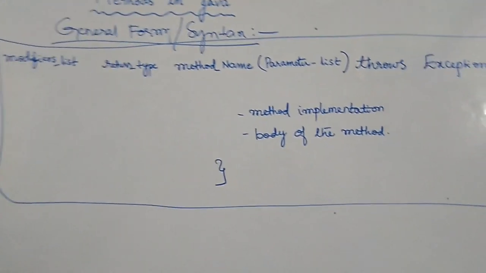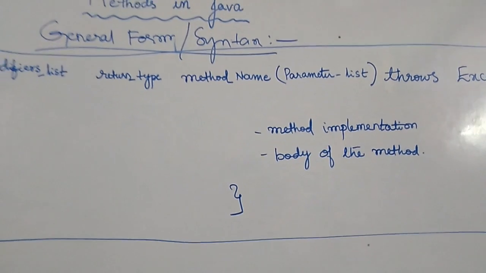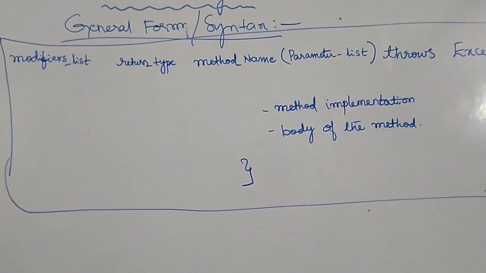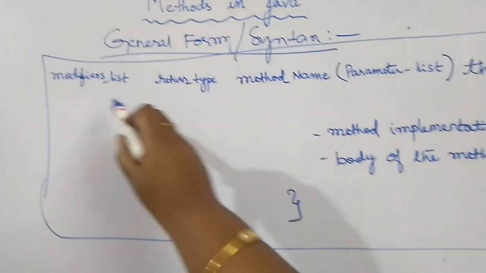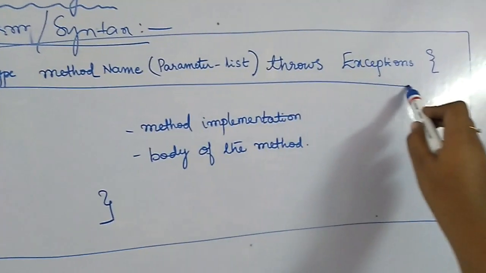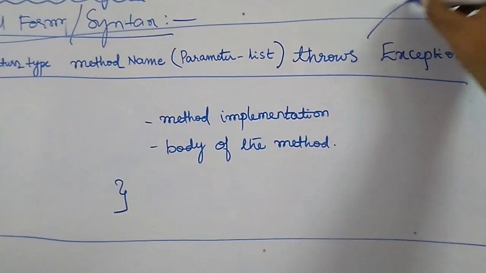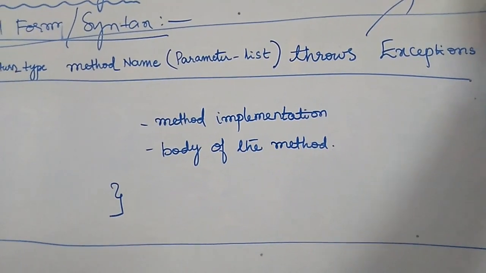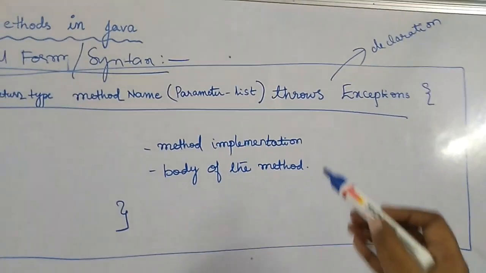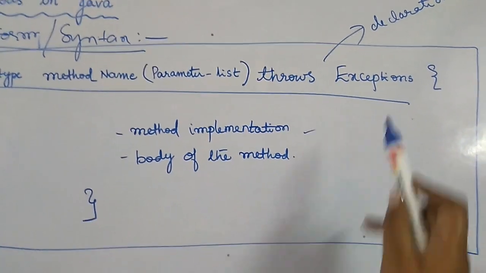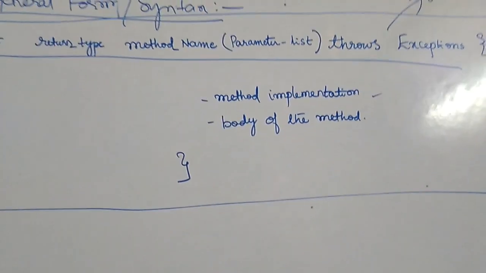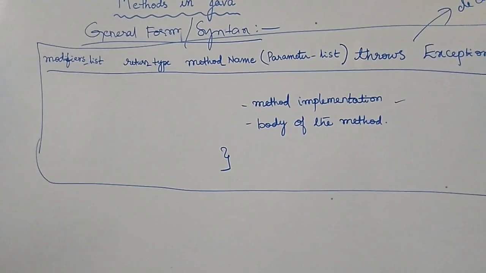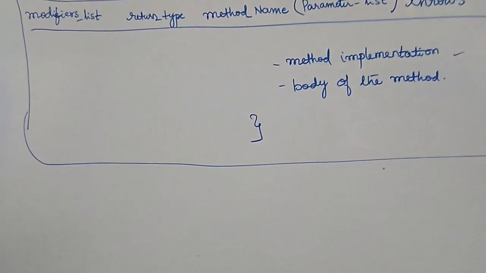There are three parts inside a method, if you can see. This entire first line is called the method declaration, and this part is called the method implementation. And you can only access this method from a method call.